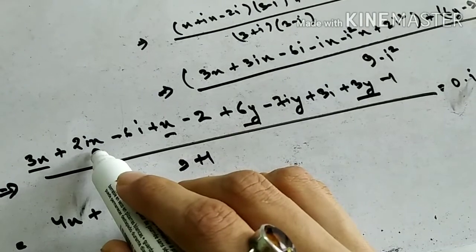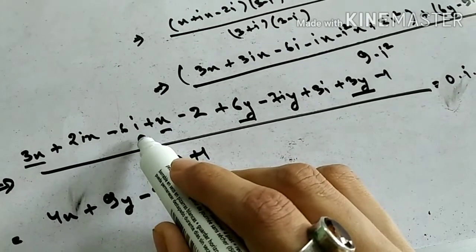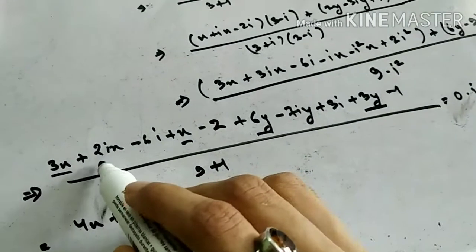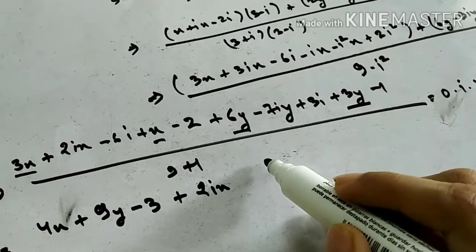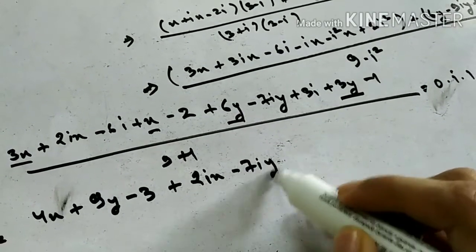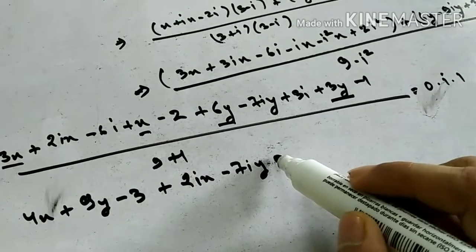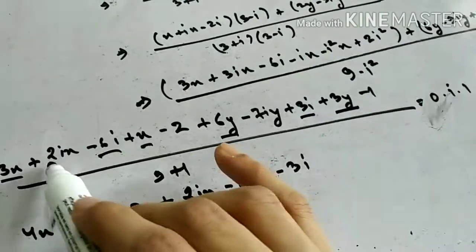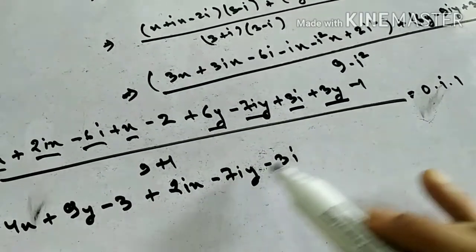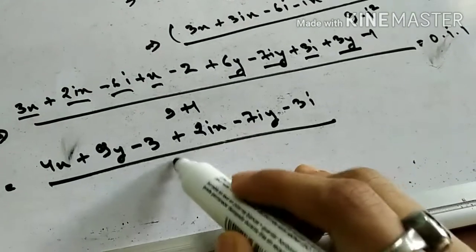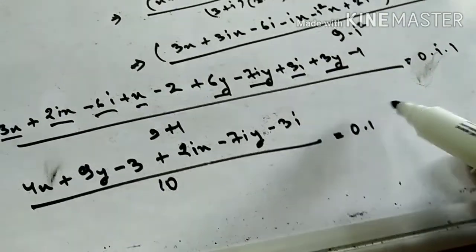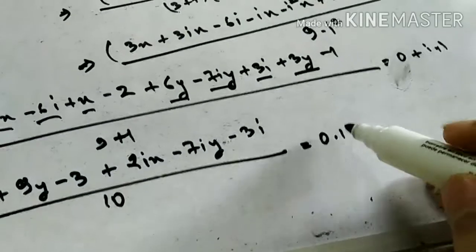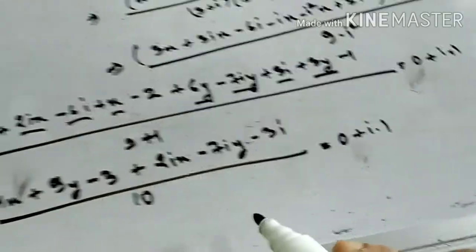Now plus 2ix, minus 7iy, minus 6i + 3i becomes -3i, and the rest is gone. So over 10 is equal to 0 + i.